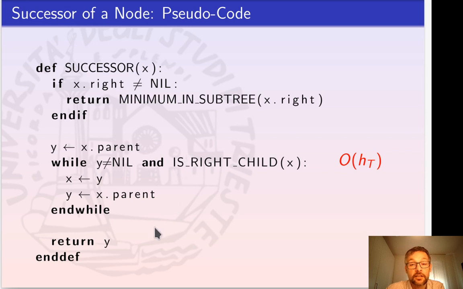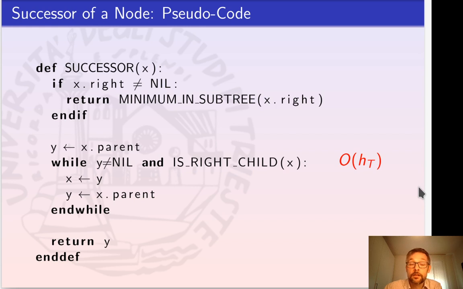Consider, for instance, querying the successor of the leaf on the rightmost branch of the tree. Of course, this ends up with the root. So we went through all the nodes from the rightmost leaf up to the root, and that's why this part may cost time big O of the height of the tree.